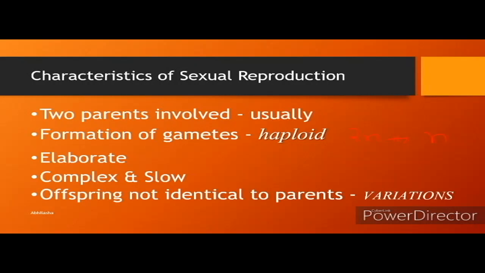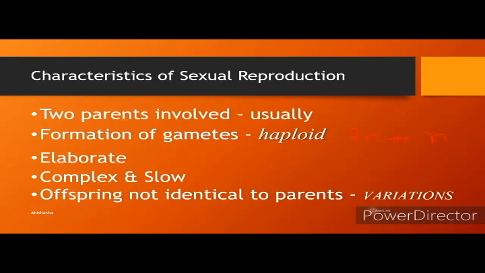Finally, the most important feature or the significance of sexual reproduction. In this process, the offspring are not identical to parents. You just saw that usually two parents are involved. Now, since two parents are involved, the gametes bring genes from the male as well as the female parent. So the offspring formed will have certain characteristics of the male parent, some of the female parent, and some that may be unique features.